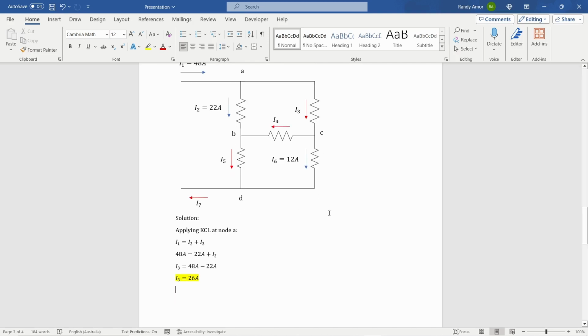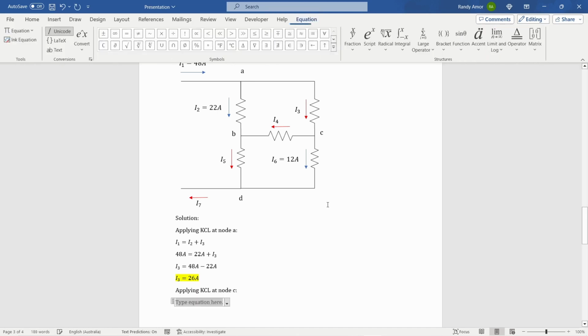If we apply KCL at node C, we can see that the current entering node C is I3, and the currents leaving node C are I4 and I6. Applying KCL at node C, I3 is equal to I4 plus I6.